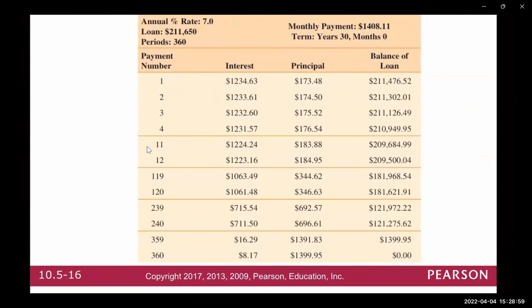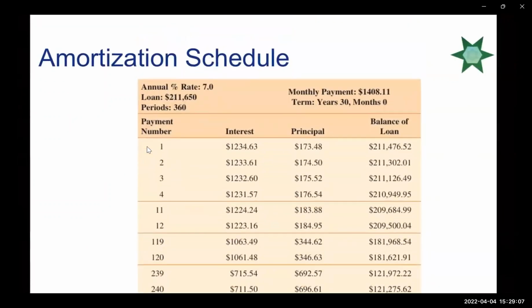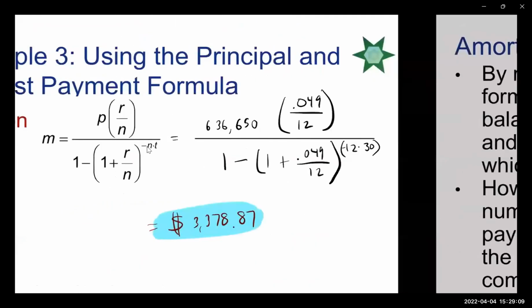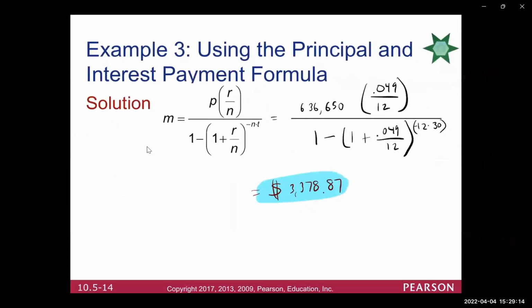And then the second payment would be this plus this, third payment, fourth payment. But you don't really need this, because with the formula, you get everything combined into one payment. So that's pretty much it.